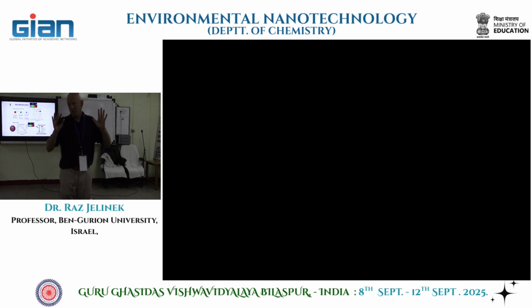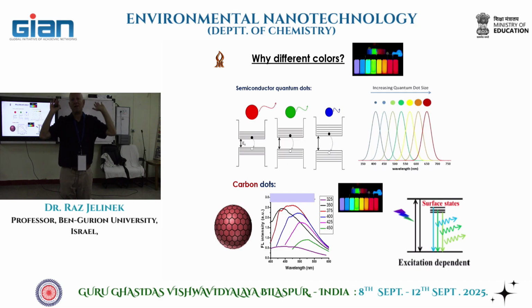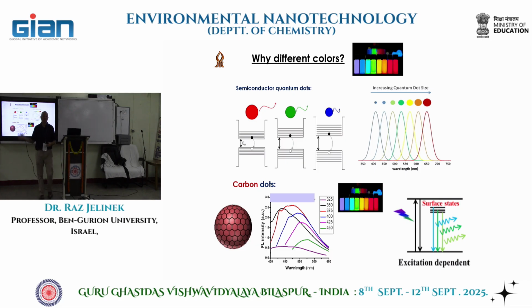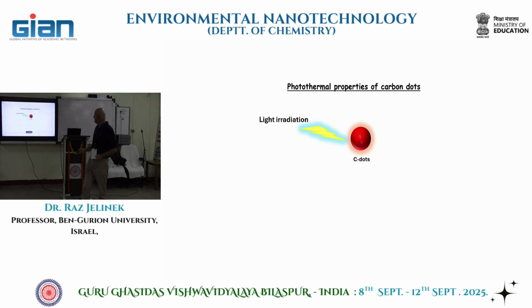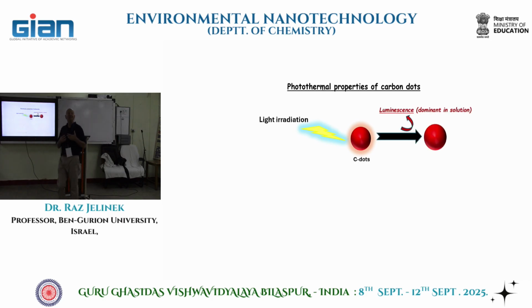In nature, always the desire is to go back to the initial stable situation. So, you excite the electron with light to a higher level, it wants to go back. The easiest way to go back for the electron is to jump right back. When it jumps right back, it gives us the color, these beautiful colors. And this is what happens in solution.